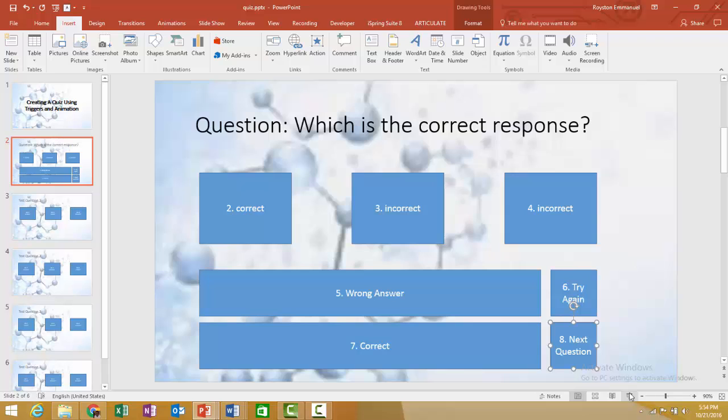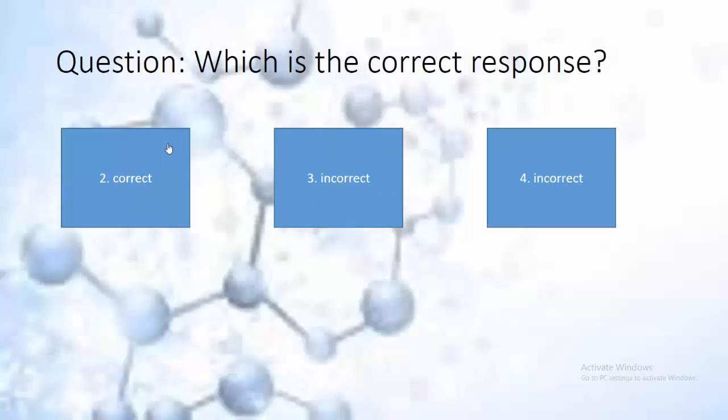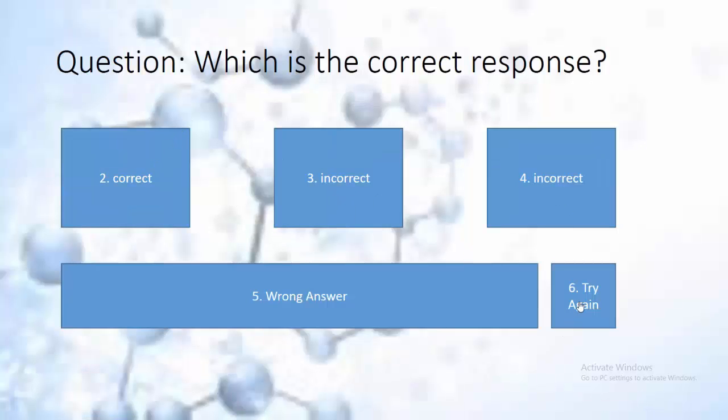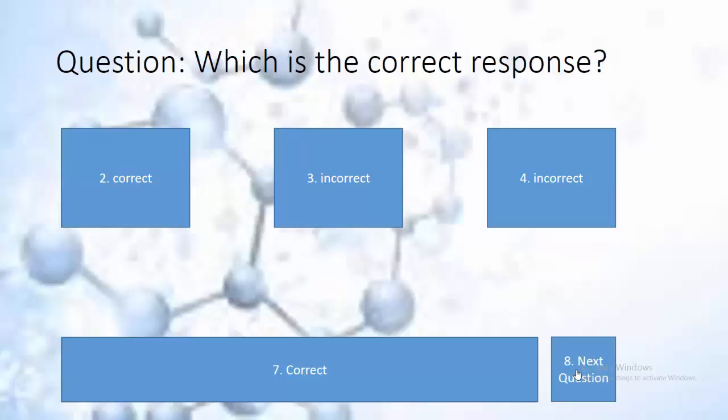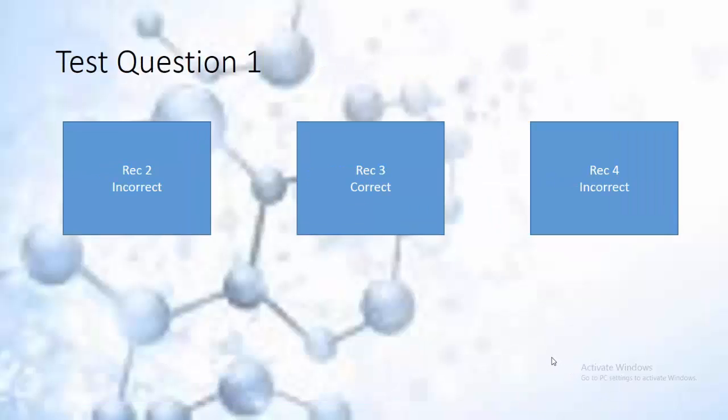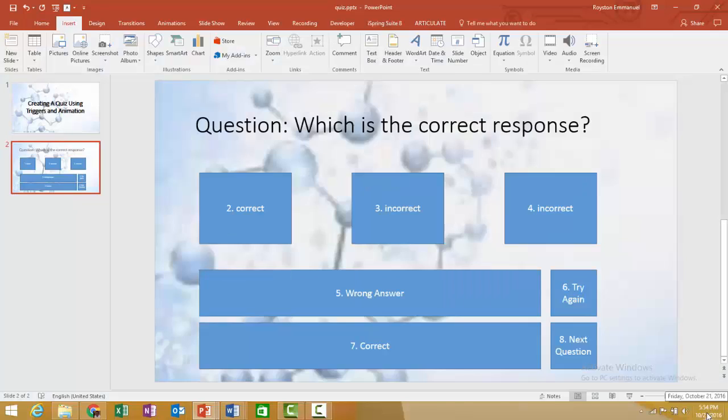Okay, so when we test it now, incorrect, we try again, incorrect, try again. But if the answer is correct, we click next and it moves us to the next slide. So I guess the next question for you is, how many times do we have to do this if we're creating a quiz in PowerPoint?